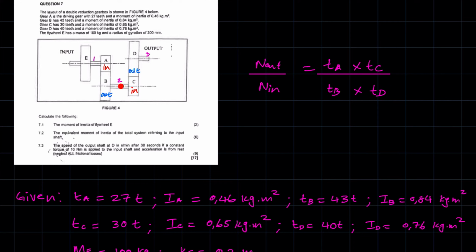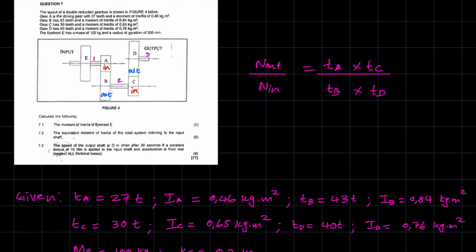Similarly with I2, we would add the moments of inertia of all the rotating bodies on that shaft, and similarly with 3. Looking at 1, the rotating bodies on the shaft would be the flywheel and gear A. For I2, it would be gear B and gear C, and for I3, it would only be gear D.